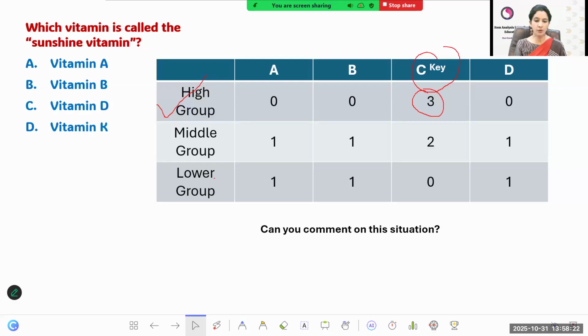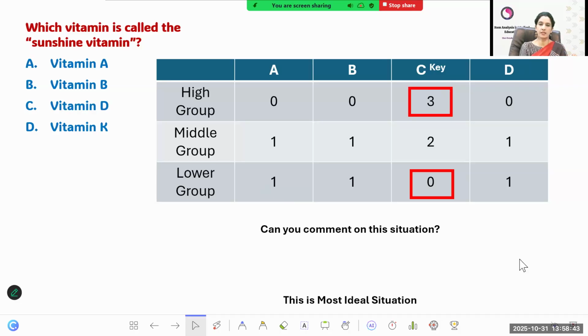And if you see the lower group, none of them have marked the correct answer and they have each marked one distractor. So if I ask you, can you comment about the situation? What will be your answer? If you see the situation, this is the most ideal situation.